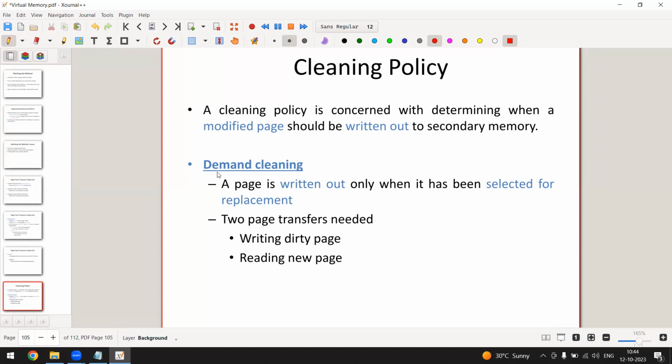First, you have to write the dirty page, meaning the modified page. And second, you have to read the new page. So it is kind of costly. We have also seen demand paging. Demand means that whenever something is required, you do it at that time only.